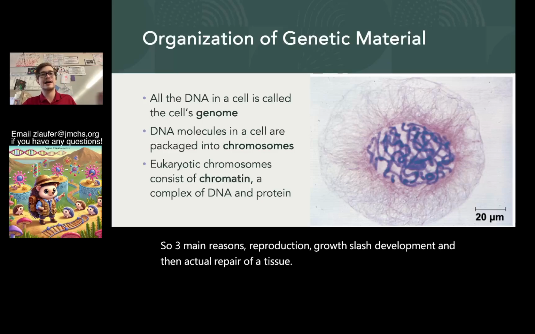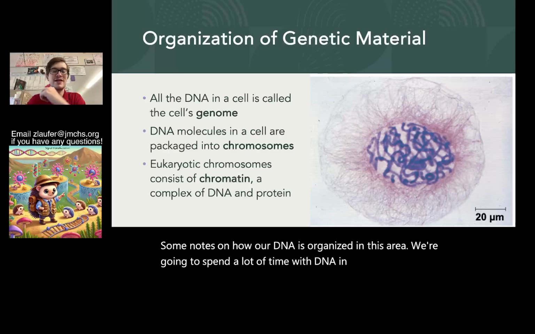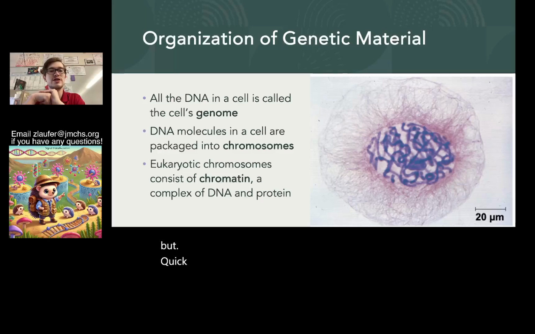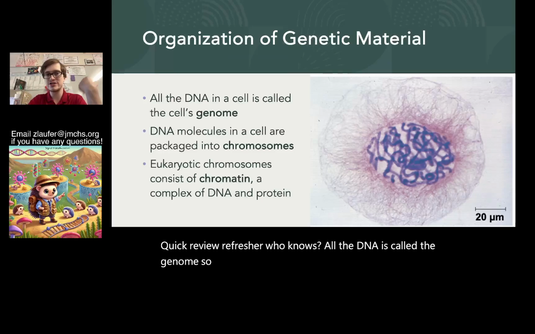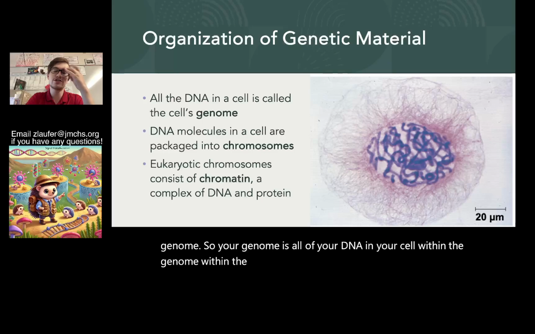Some notes on how our DNA is organized in this area. We're going to spend a lot of time with DNA in our next couple of units, but quick review, refresher, who knows. All the DNA is called the genome. So your genome is all of your DNA in your cell. Within the genome, within the nucleus, we package our DNA molecules into chromosomes.